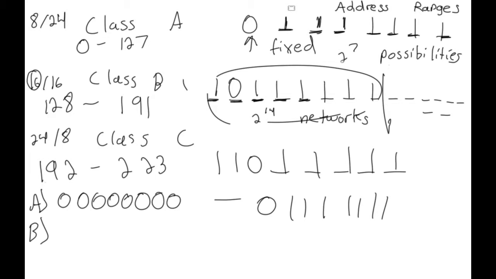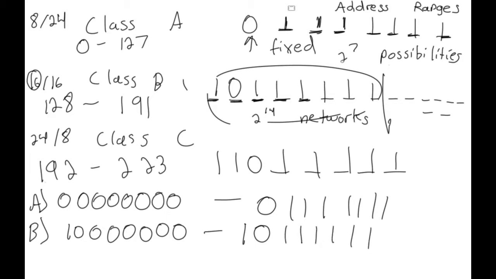So for class B, if I have 1, 0 fixed, all of these are 0, which gives 128 to 191. And then for class C, you have 1, 1, 0, and then all zeros.